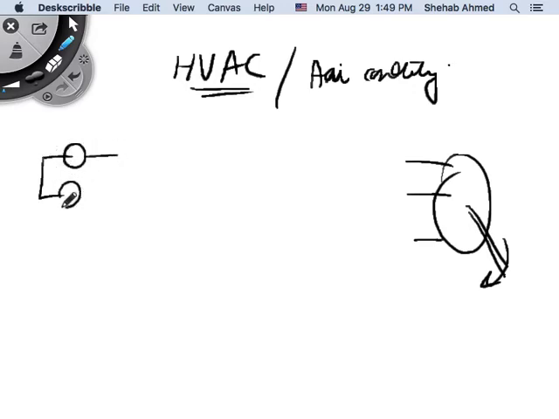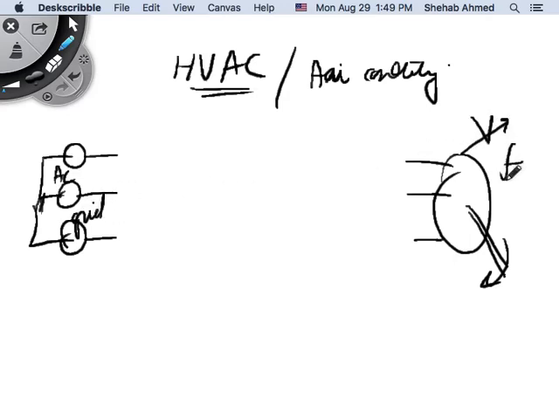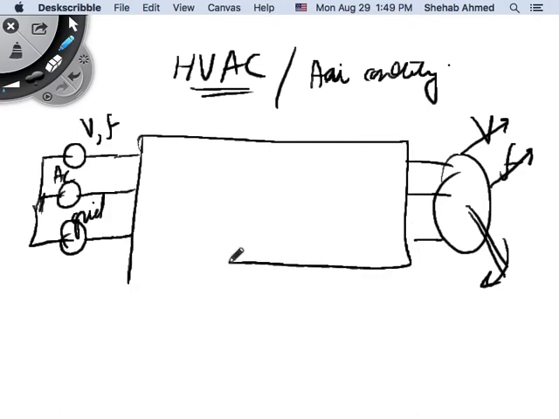If it's three-phase, I can just draw that like this. And so this is the AC grid. And this is variable voltage and variable frequency as well. And this is a fixed voltage and a fixed frequency. So you would need to put something here that converts AC to AC. That's one way to do it, AC to AC conversion.